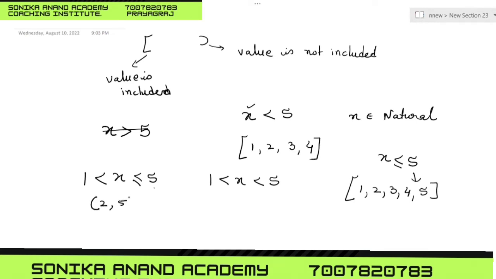And here 5 is included, so I will write this. Or we can write it in this way: 1 and 5, 1 and 6 are not included. If it is written like this, that means 2 is included.